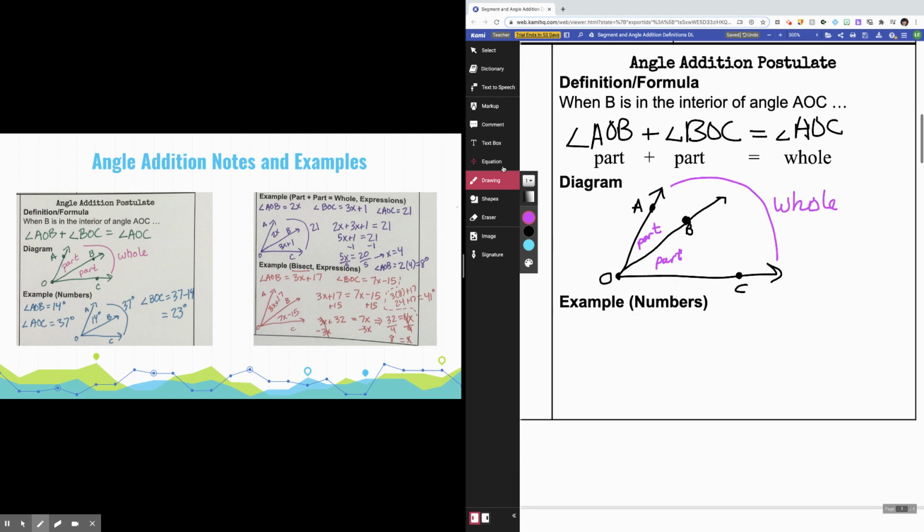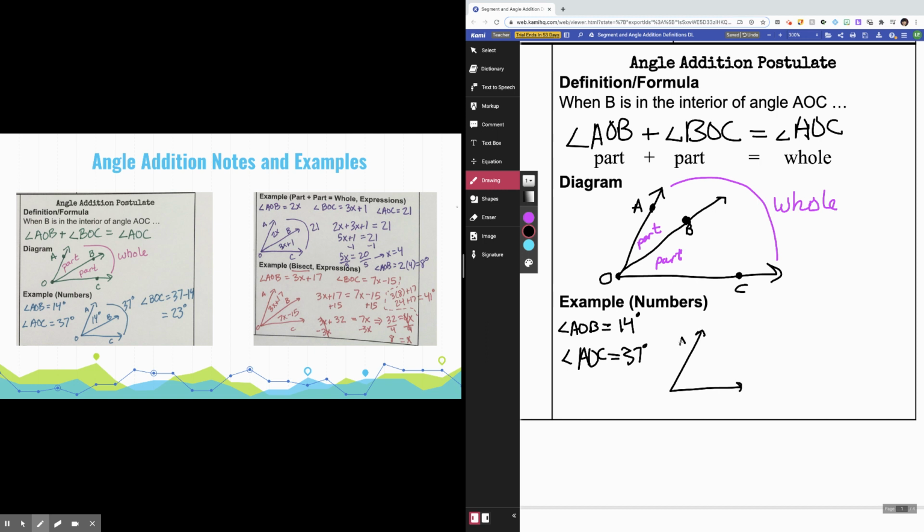So let's do some examples here. In my first example, I'm telling you that angle AOB is equal to 14, and angle AOC is equal to 37. Oh, I forgot my degree symbols there. For any of these problems, when in doubt, draw a picture.